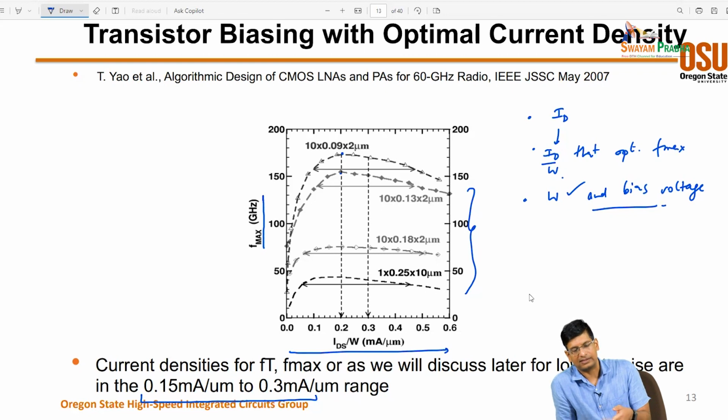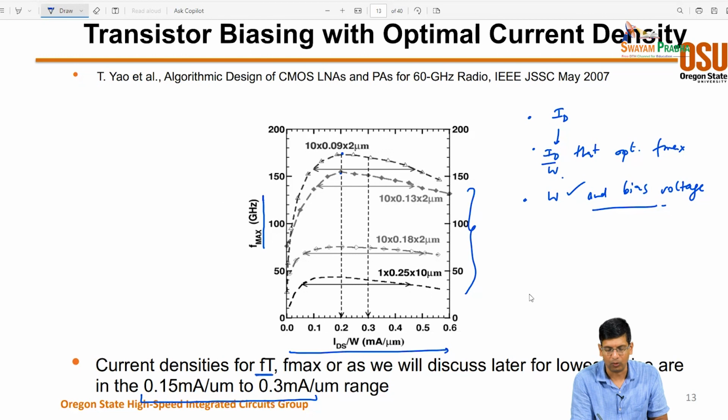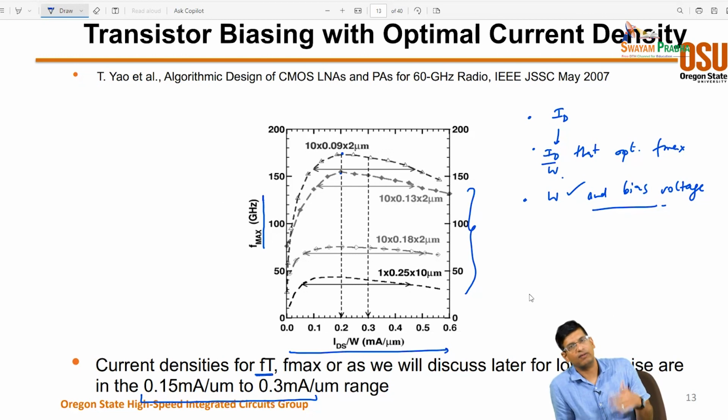All of this is, of course, trying to maximize the gain by maximizing Fmax, but there are other metrics as well. If you are more worried about FT, even FT has an optimum bias current density. And if you are designing for noise, even noise has an optimum current density. So you bias your device based on what you're trying to optimize, Fmax, FT, or noise, and once you get that density, you can bias your device.